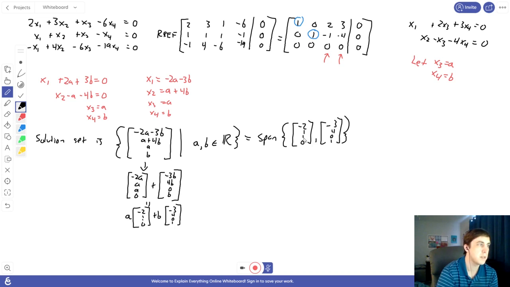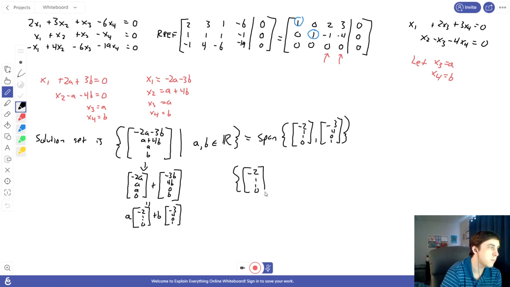In fact, just look at these last two components, the 1, 0, and the 0, 1. So we write down a set containing these two vectors, -2, 1, 1, 0, and -3, 4, 0, 1. This is a basis of the solution set.